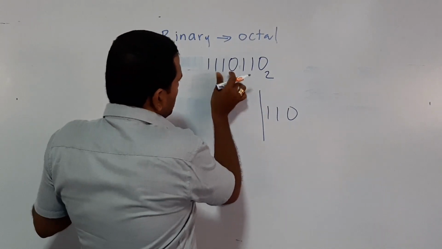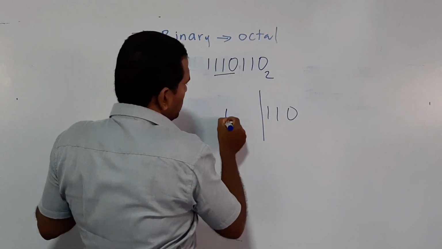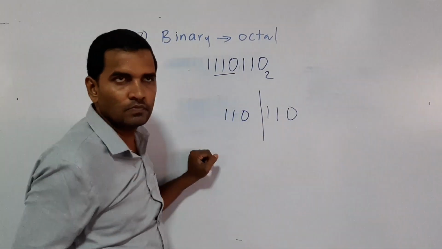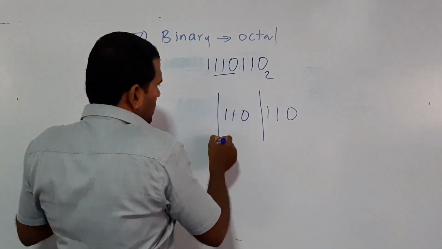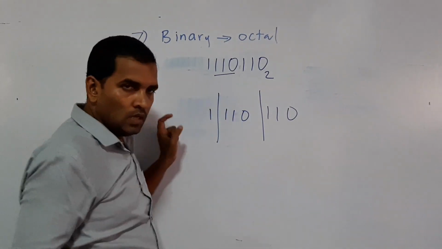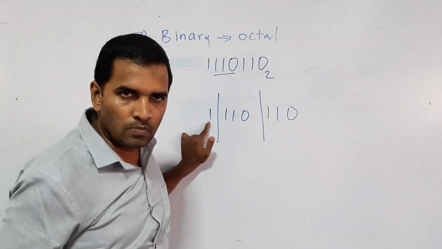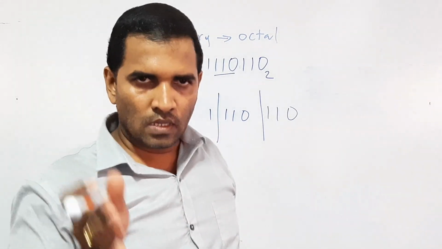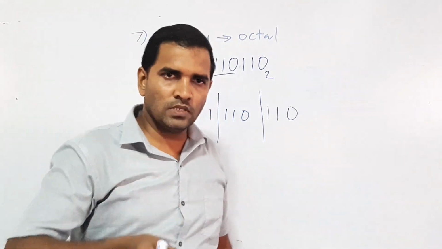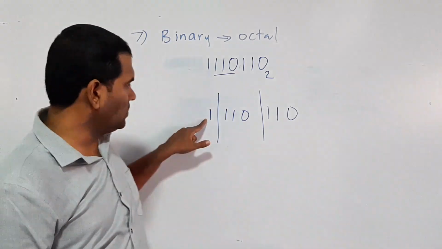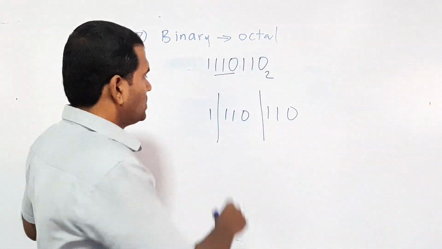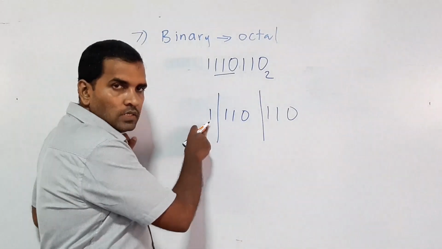Look at the second one, these 3, 1, 1, 0 again. Finally, I have 1. But here also you have the same problem, because to represent a binary number by octal, definitely you need three binary digits, but you have only one binary digit.